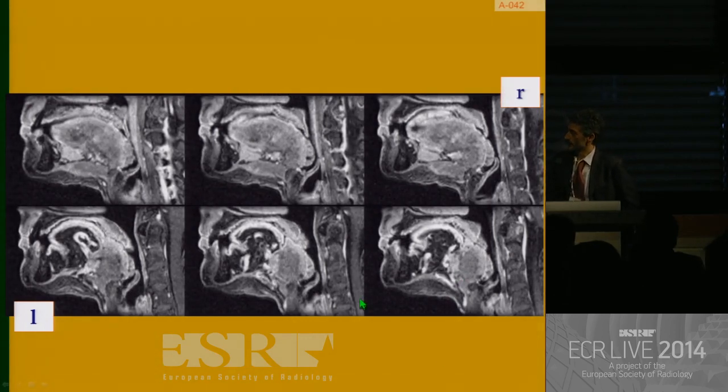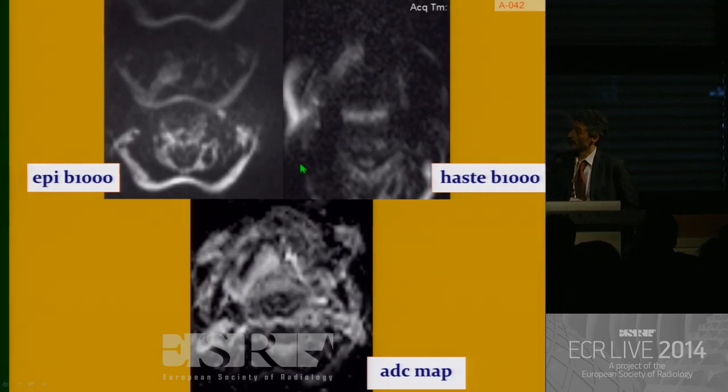So what is the point in this case? This is the EPI study. It is a lousy image, but it shows, also through the ADC map, that there is no restriction at this site.